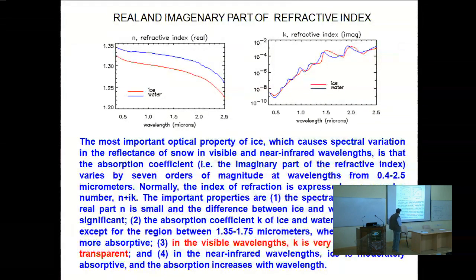And you can see here there is no huge difference. This is ice, which is the real part of the spectrum, and you can see there is no huge difference as you move from wavelength around 0.5 to 2.5; there is a small change, only 0.125 to 0.135.